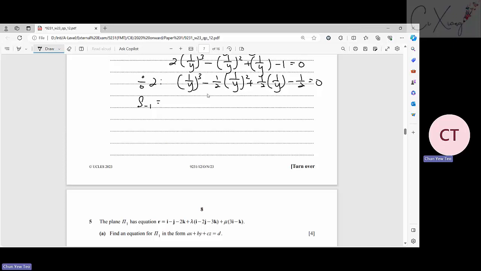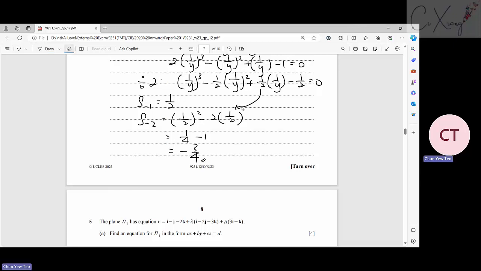There's a negative in front, so it will be a positive half. Then S negative 2 is the half squared, minus 2 times of this value. So you get 1 over 4 minus 1, you get negative 3 over 4.